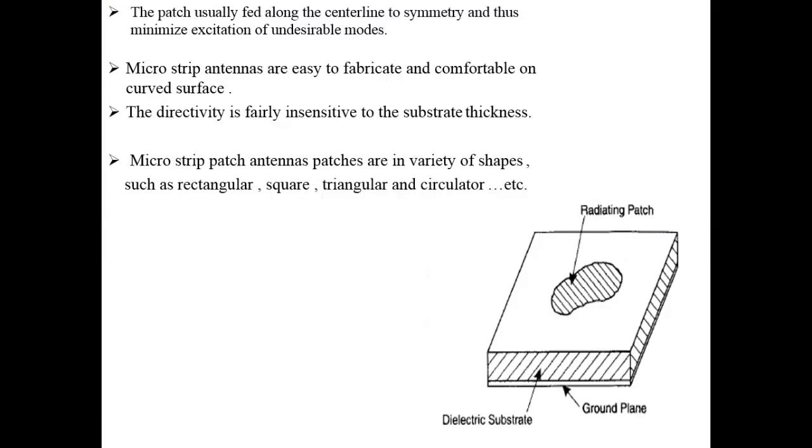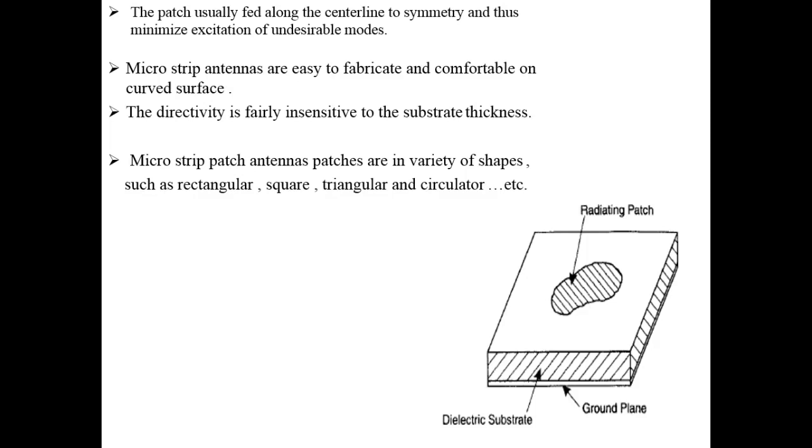The directivity is fairly insensitive to the substrate thickness. Microstrip patch antennas come in a variety of shapes, such as rectangular, square, triangular, and circular shapes. According to our requirement, we design the microstrip patch antennas.